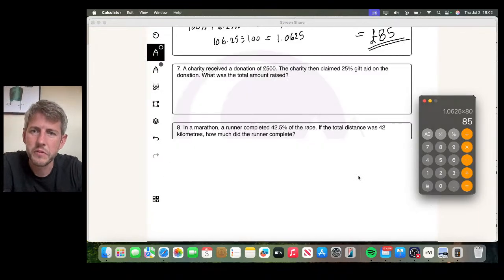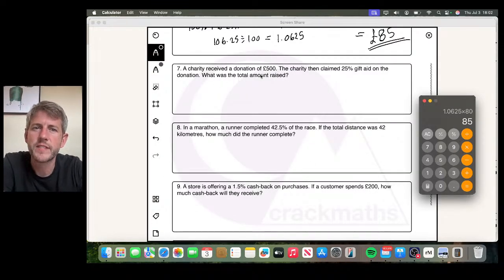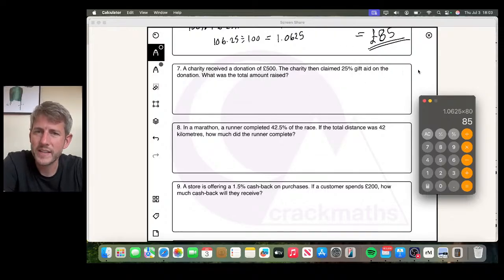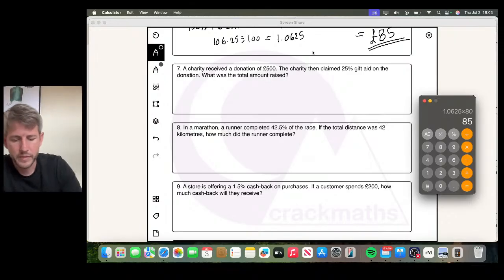Right, question 7. A charity received a donation of £500. The charity then claimed 25% gift aid on the donation. What was the total amount raised? Okay, so I'm going to do this a different way again. I'm just going to find 25% and add it on. So we want 25%.